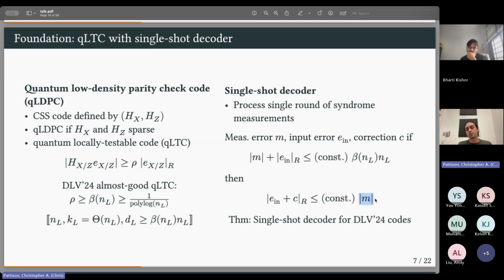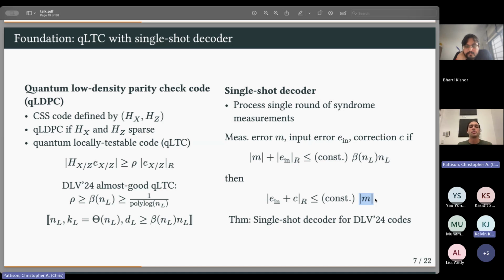This is the best you can hope for in the presence of measurement errors. It's a necessary ingredient for fault tolerance because our operations are going to be noisy, and we have to be able to maintain the quantum memory, to perform the logical identity.